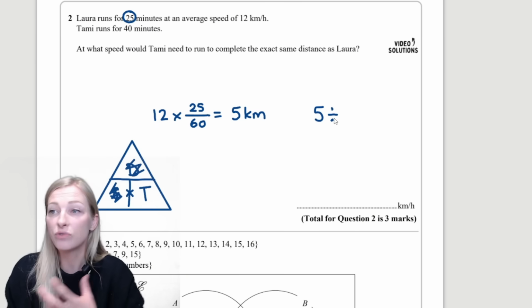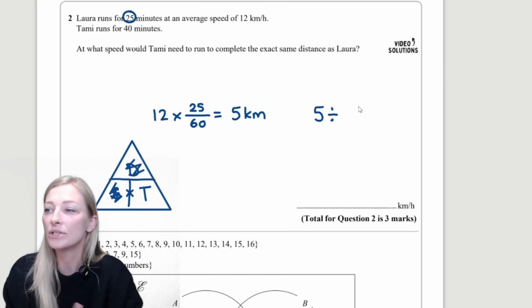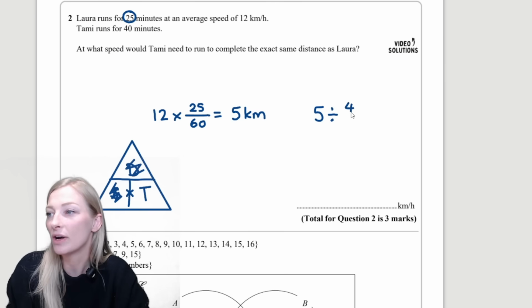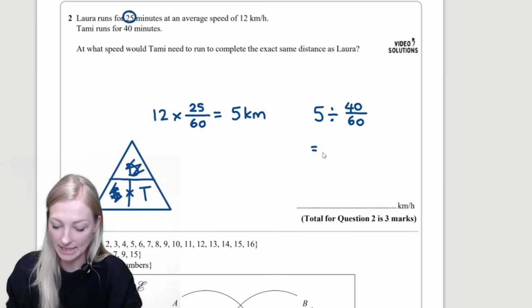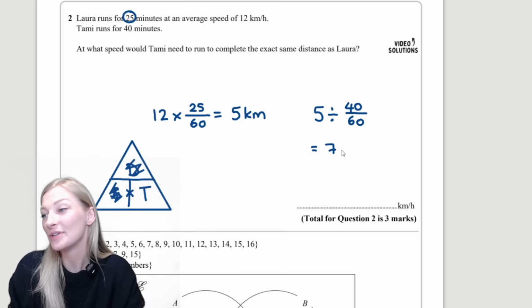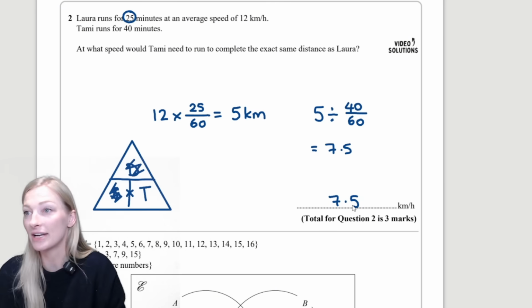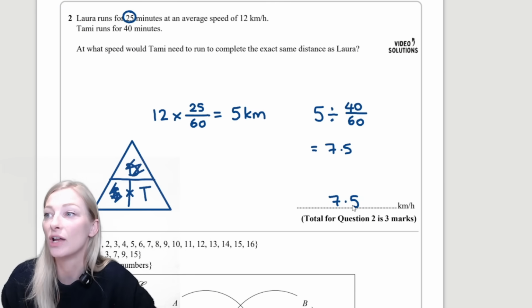Now again, I'd rather that time was in hours. And we've got 40 minutes, so I'm going to write it as 40 out of 60. And 5 divided by 40 over 60 is 7.5. So 7.5 kilometers per hour is the speed that Tammy would need to run at in order to match Laura's distance.